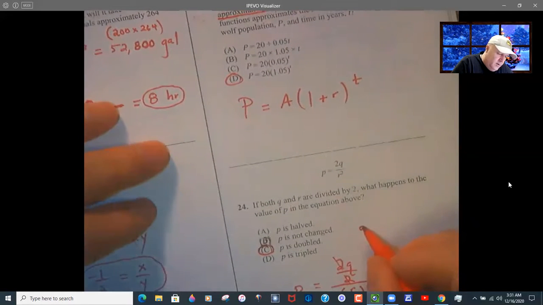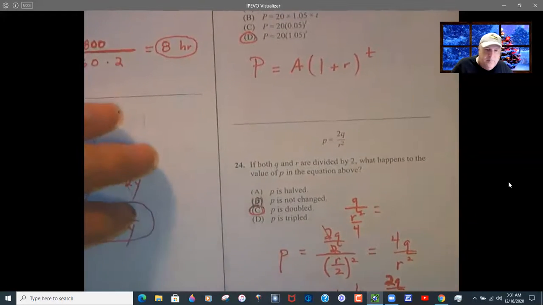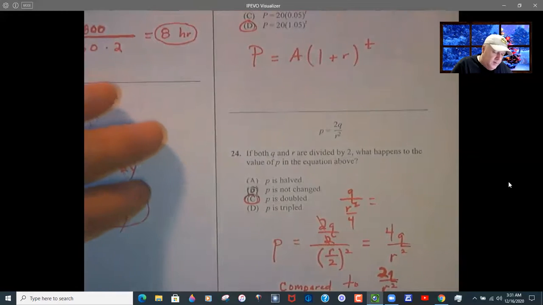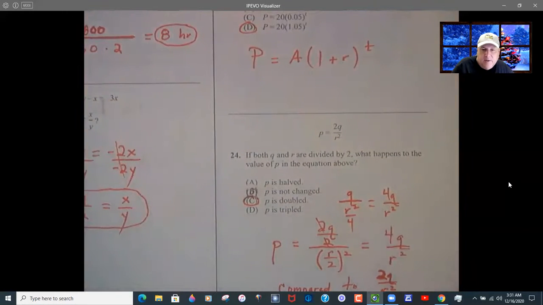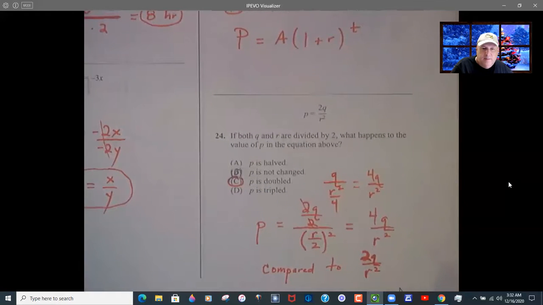As I've told you in a previous problem, you flip and multiply. You flip the bottom fraction and multiply. So it looks like they're testing that. So we got to compare that to the 2Q over R squared. So it's a doubling. So the result is a doubling of the original. So P is the answer. P, doubled, is the right thing there.